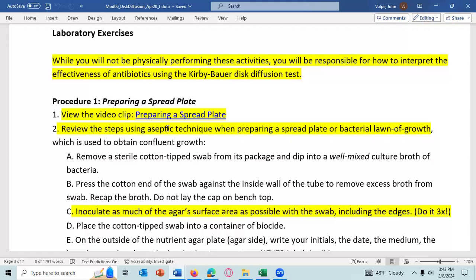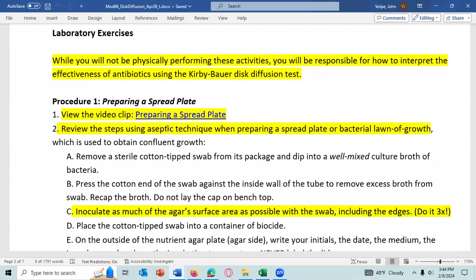The reason for doing this is to get the bacteria to grow everywhere on the plate in a lawn of bacteria. I once had a student who took a swab and did something like that, okay? She had huge holes in the plate without any bacteria. And then she put the disc on, and brought the plate to me and said, how can I measure the size of the zone of inhibition?